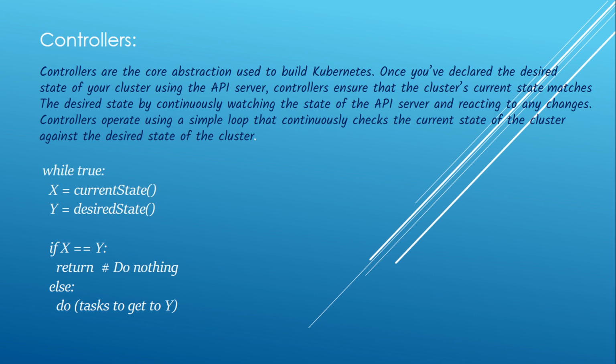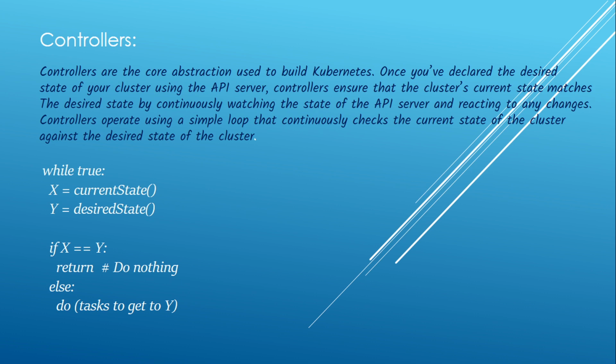Using that manifest, we make the communication through the API server, and the API server then communicates to the controller. The main functionality of the controllers is to ensure the cluster's current state matches the desired state.